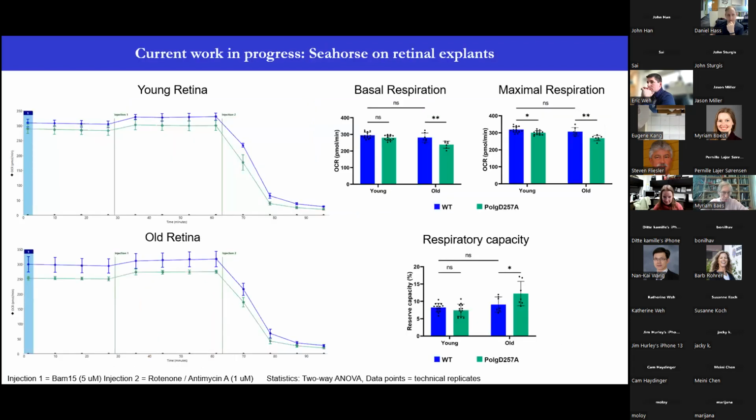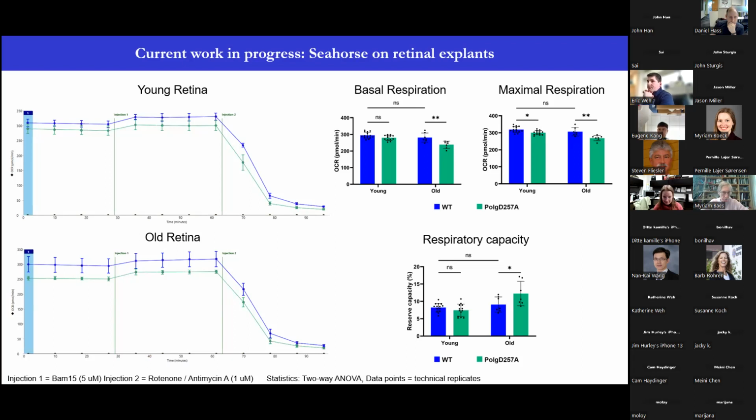The last couple of data things I want to talk about: we have started doing retinal punches for Seahorse assays, using a mitochondrial uncoupler and a respiration blocker, looking specifically at young and old retina.